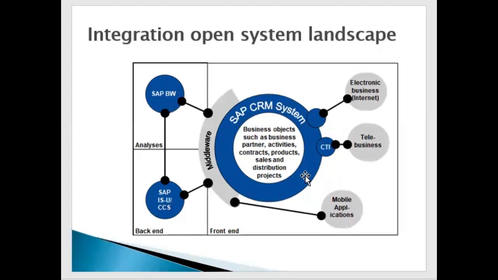So the CRM system collects all the information from the core system, which is in the backend. That core system is the SAP ISU system. They send all the data. Now, if a new consumer comes into the system, they also come through CRM, and that will be integrated to the ISU system and they become in sync, right? So the core system is the ISU system. Now this ISU system also sends all the core data to the SAP BW system for the reporting.